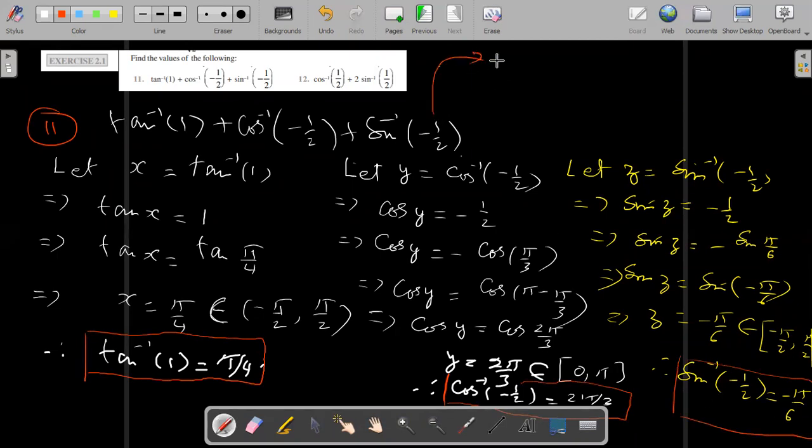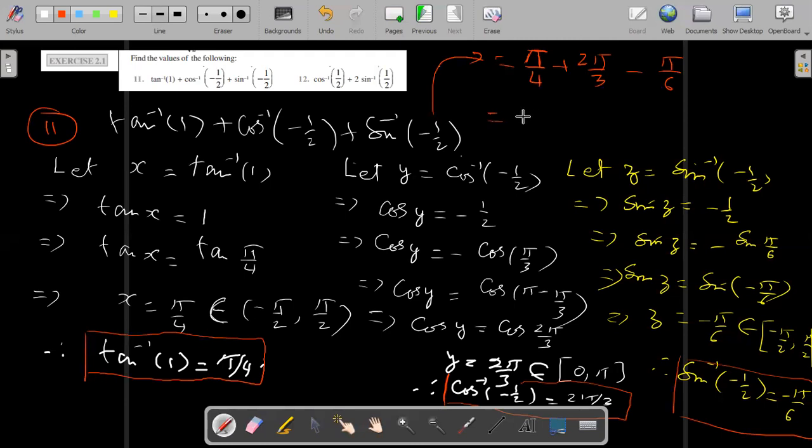Substituting its value here, you can write it again: tan inverse 1 plus cos inverse minus 1 by 2 plus sine inverse minus 1 by 2 is equal to pi by 4 plus 2 pi by 3 minus pi by 6. And you can take the LCM.